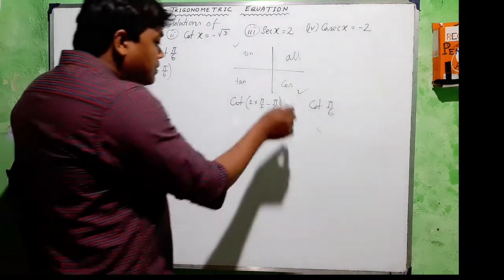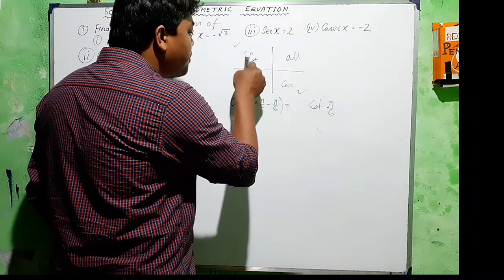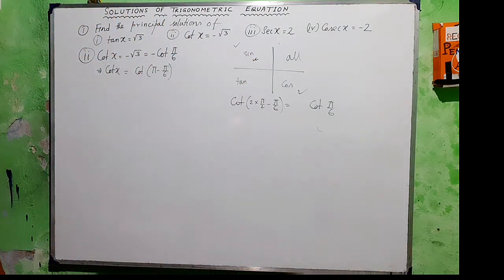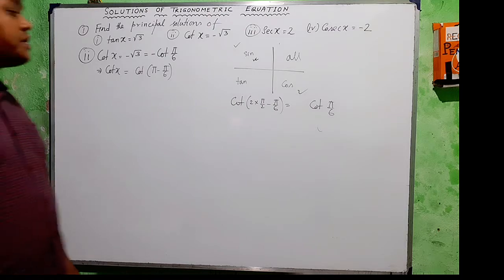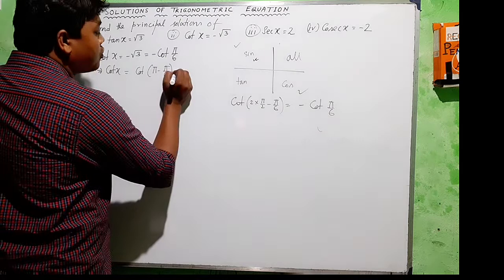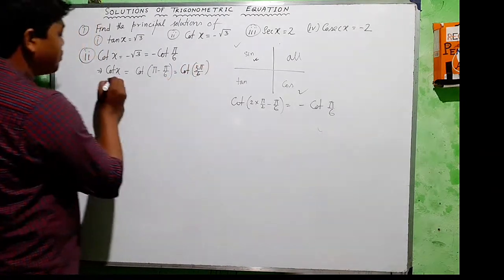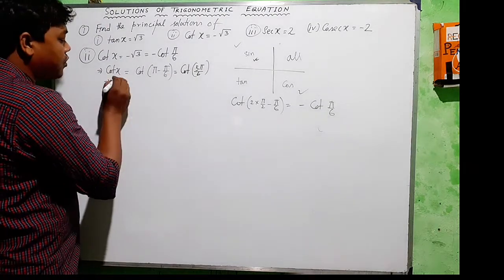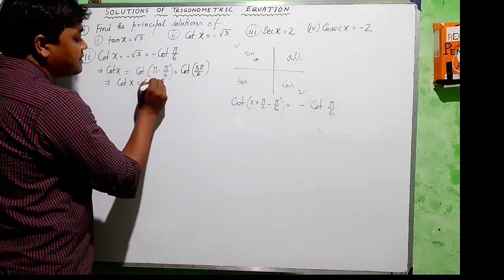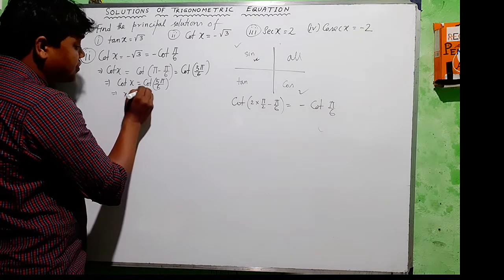Because this angle pi minus pi by 6 lies in the second quadrant, where sine is positive, cosec is positive, but cot is negative. So minus cot pi by 6, that gives cot 5 pi by 6. Comparing these two, cot x equals cot 5 pi by 6. This gives x equals 5 pi by 6. This is one solution.